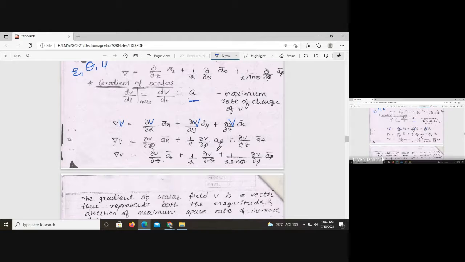In cylindrical, in the del formula, put V. Same for the spherical coordinate system. So the output of the gradient is a vector quantity. This is the gradient.